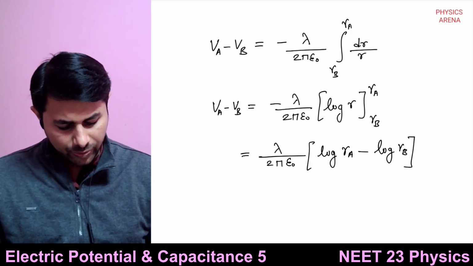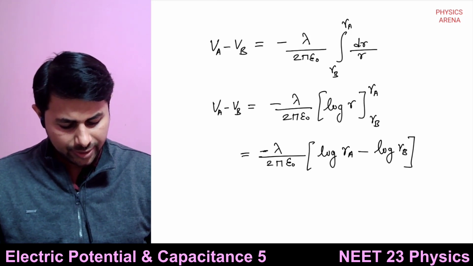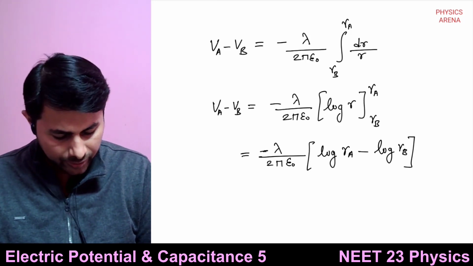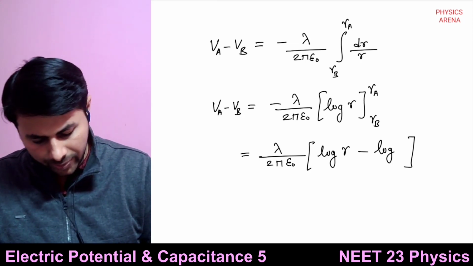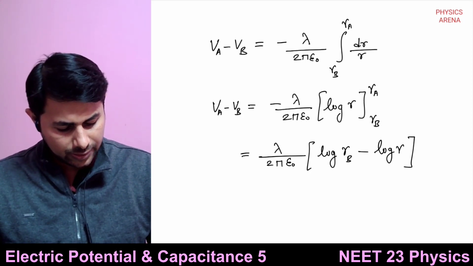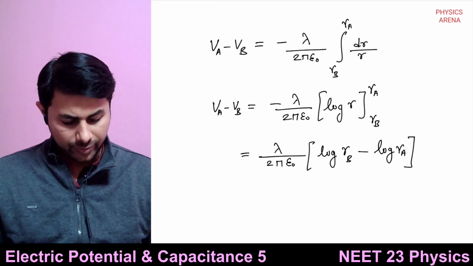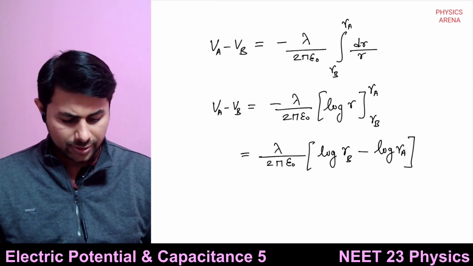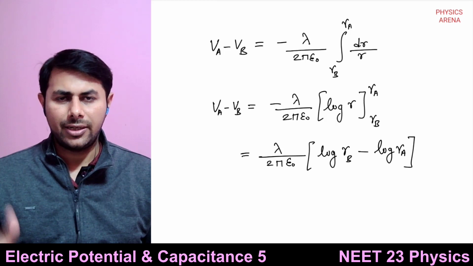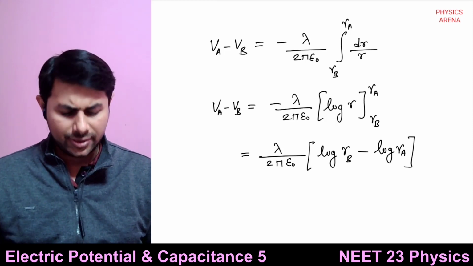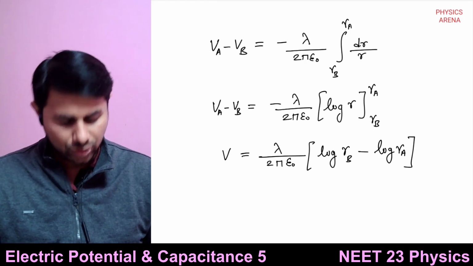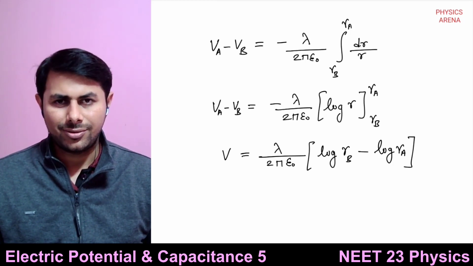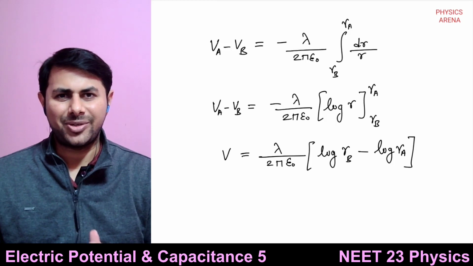So if we absorb the negative sign inside, it will become log of RB minus log of RA. This is the potential difference. We saw this in the case of a long straight wire. This is similar, so actually the formula is exact, but the cases are different.